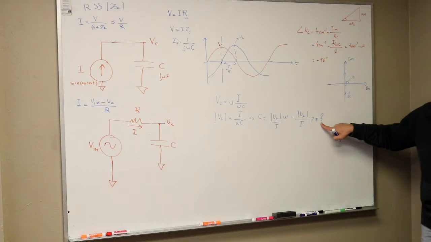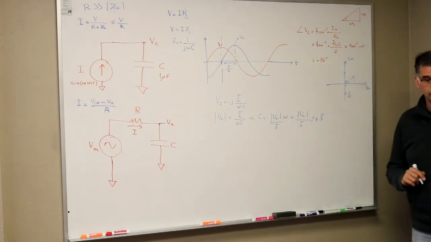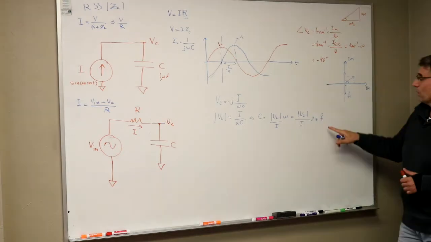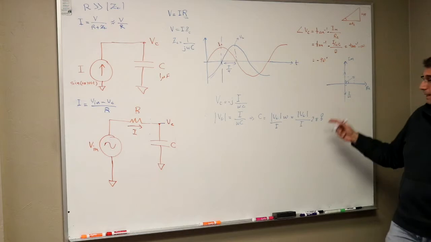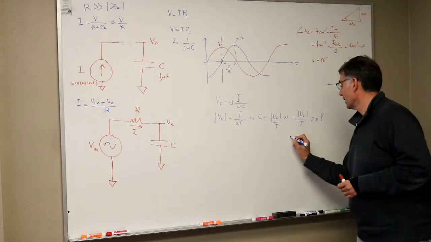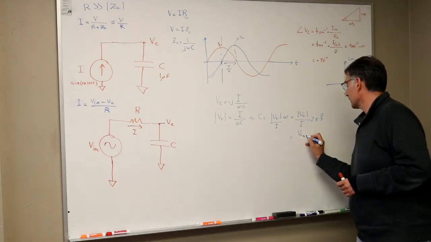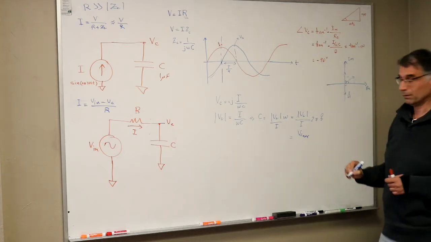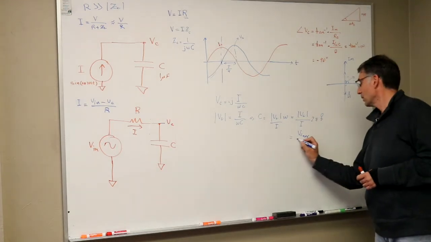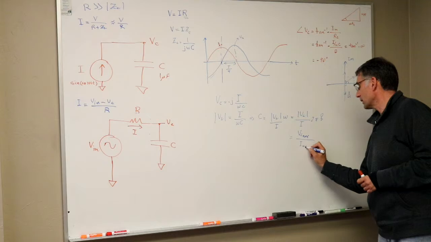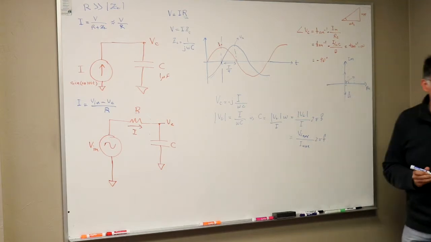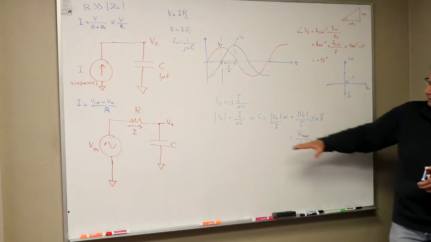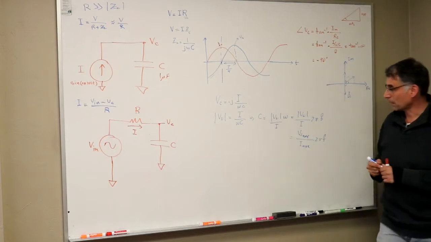So if I know the frequency, if I know the current, if I know the voltage, I can find my capacitance, right? And to make it easy, I'm going to take the max current over the max voltage as my magnitudes, divide by 2 pi f, and then I can figure out what my capacitance is.